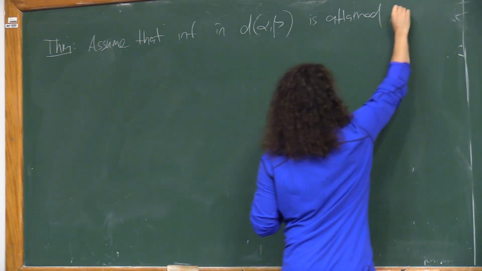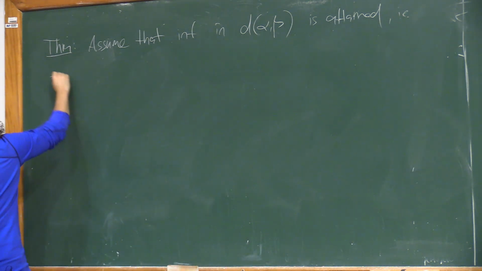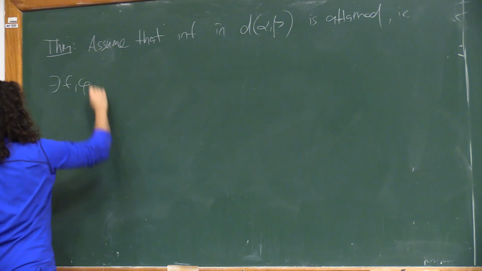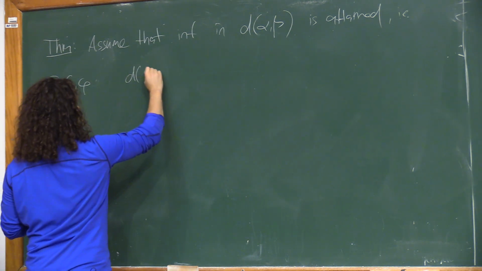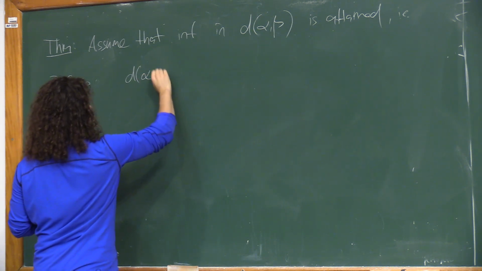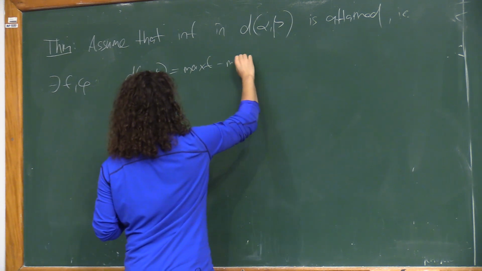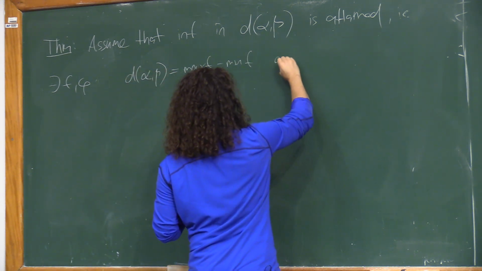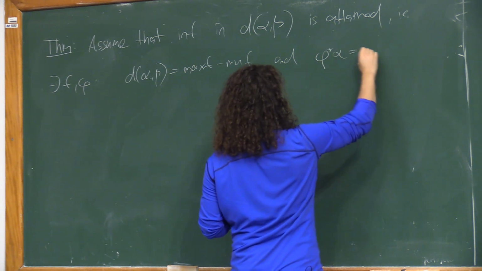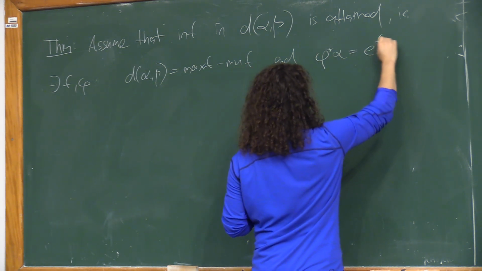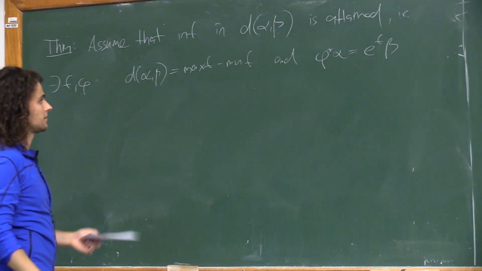What this means by definition is that there exists a function f and a contact diffeomorphism phi such that the distance of alpha and beta is equal to the max of f minus the min of f, and phi pullback alpha equals e to the power of f beta. So let's assume this is the case.